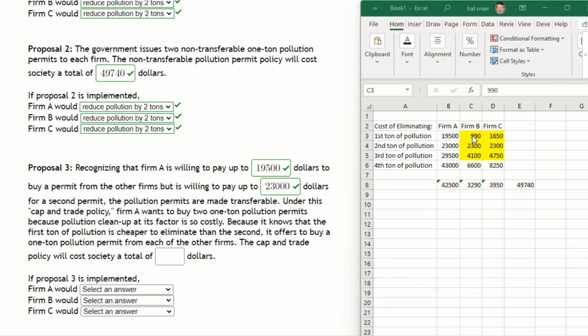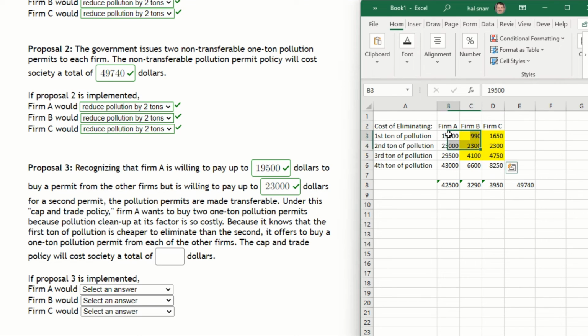So what ends up happening is when B sells a permit to A and when C sells a permit to A, that means B has one permit left, and C has 1 permit left. So A has a total of 4 permits, so A doesn't have to reduce its pollution at all. B has 1 permit remaining, C has 1 permit remaining.